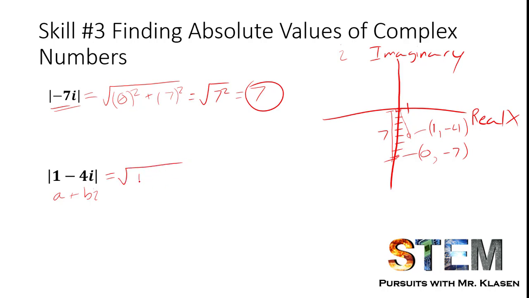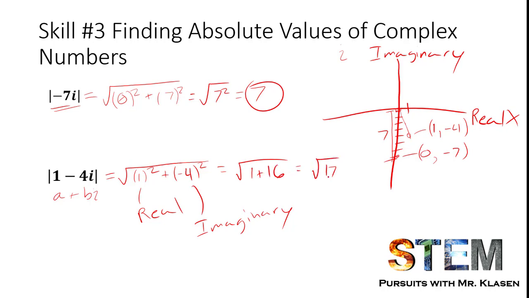We're going to square the real component, and then we're also going to square the imaginary component, and this will get us 1 plus 16.